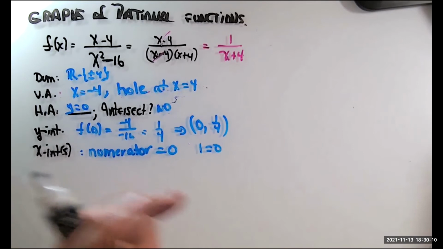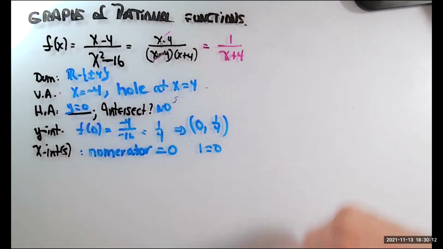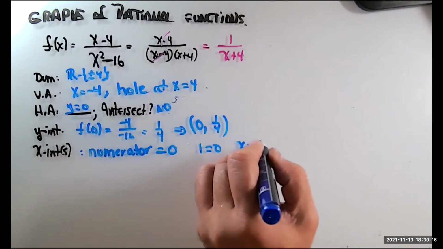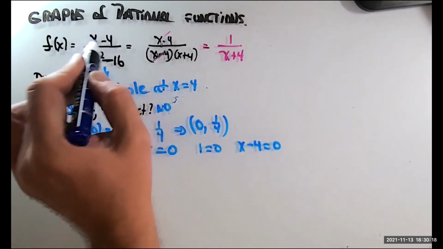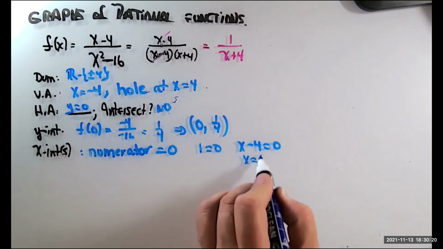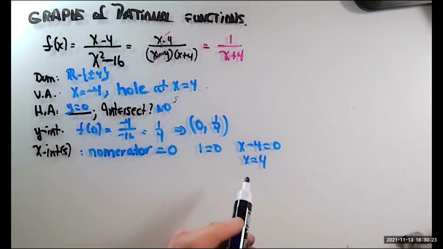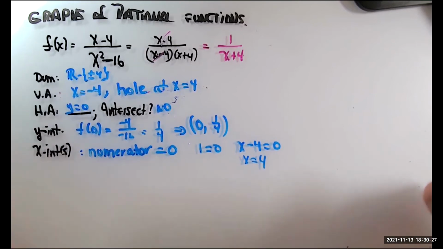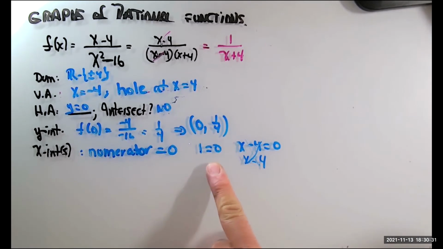If you take the original one, we'll be solving the equation x minus 4 equals 0. Numerator equals 0, therefore x equals 4. So your candidate will be 4 as your intercept. However, you know that 4 is not part of the domain, so you have to kill it. This is why I say, might as well work with the simplified version.